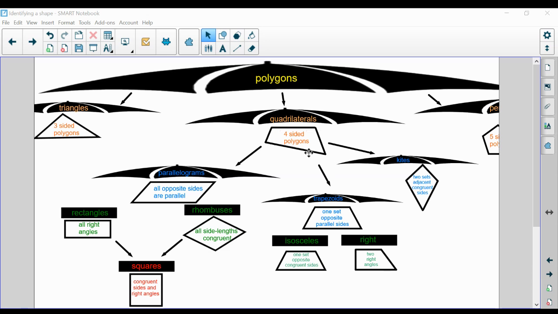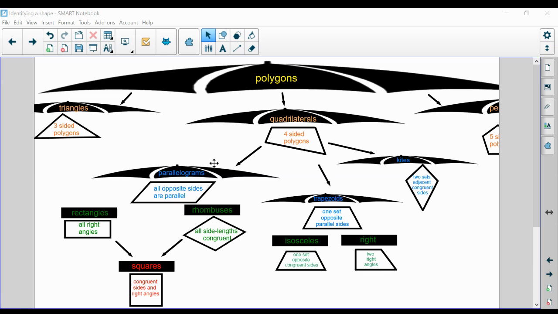This quadrilateral that you see here is what's called an irregular quadrilateral, and that's a kind of quadrilateral that just simply doesn't fit in the parallelogram section, the trapezoid section, or the kite section. It's just an irregular quadrilateral. And there's all different kinds of irregular quadrilaterals. It just simply does not fit into one of those sections.